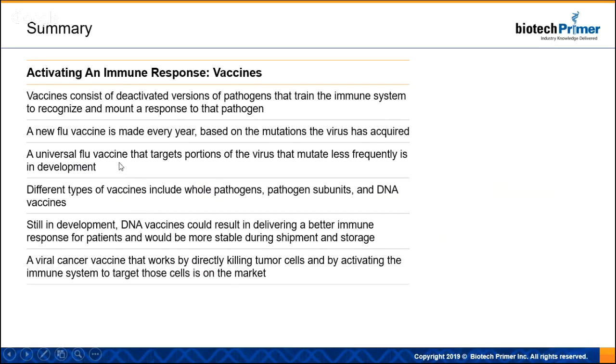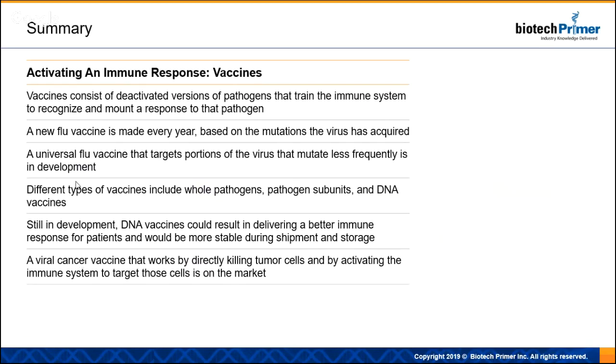Scientists are trying to develop a universal flu vaccine that would be effective against multiple strains of the virus, so that it would be effective for several flu seasons instead of just one. Different types of vaccines include whole pathogen, pathogen subunits, and DNA vaccines.